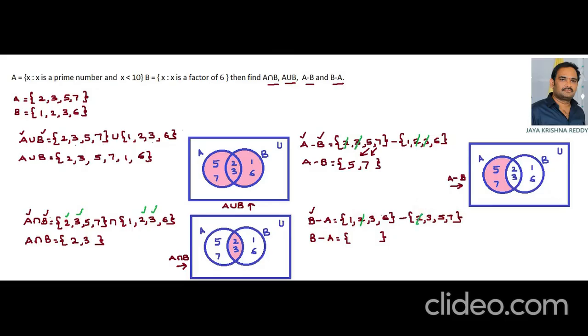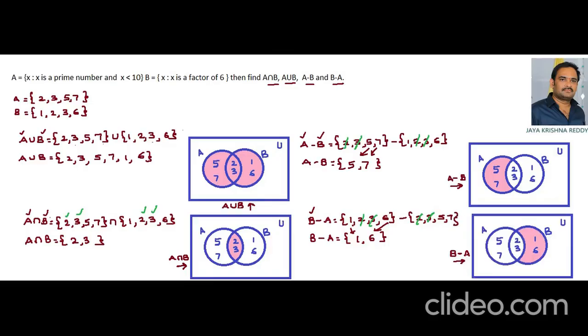There are 2 and 3. Now write the remaining elements from the first set. So 1 and 6, these are the elements. So this is B minus A. Now this part represents B minus A. So in this way we have to find A union B, A intersection B, A minus B and B minus A for the given two sets.